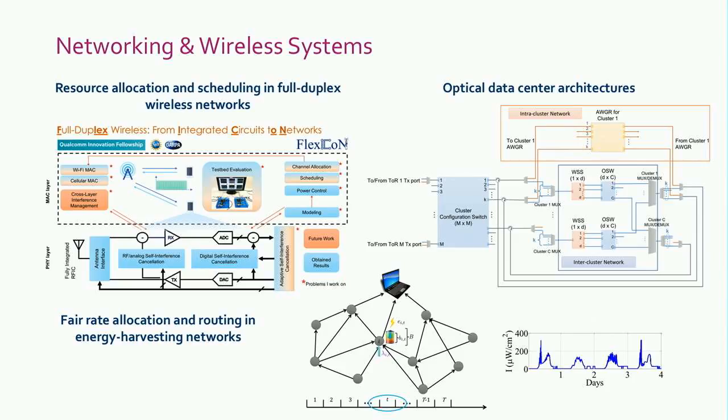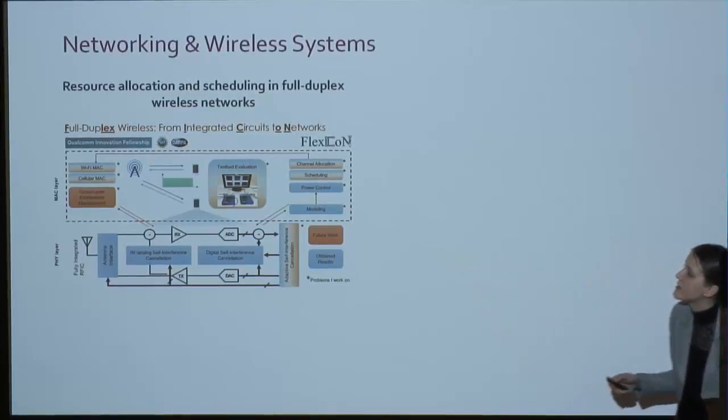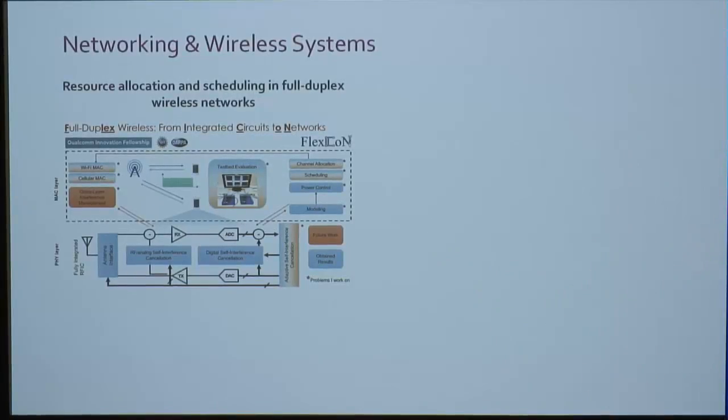In the next minute, I just want to tell you about some other work I've done. As Seb said at the beginning, my PhD was in networking and wireless systems, and I was working there mostly on resource allocation problems. I have done a lot of work on full duplex wireless, on problems of resource allocation and scheduling.